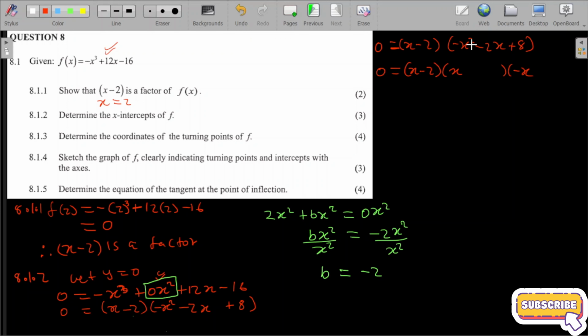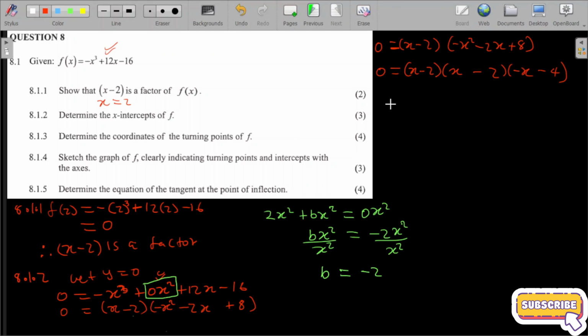Remember, this and this is to give me this. Then I'm going to have negative 4, and then negative 2, because timesing this and this has to give me this, and this and this has to give me this, taking a factor that we're having a negative x there.